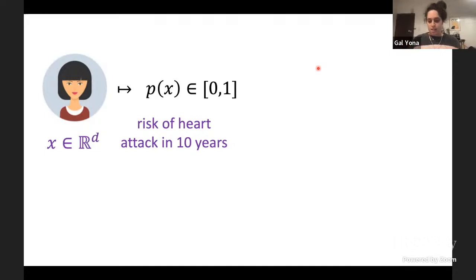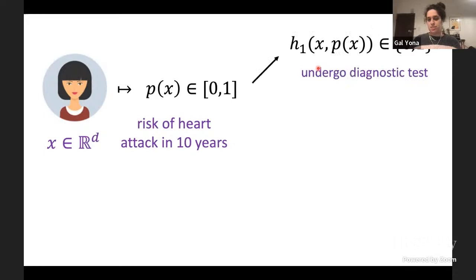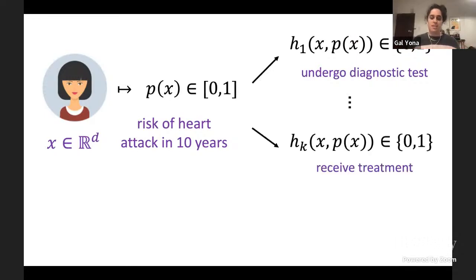And then I have a setting in mind where I use this prediction to make different decisions. For example, whether the individual would undergo some kind of diagnostic test is the first example, and maybe whether they would receive a certain treatment, etc. These are binary decisions.